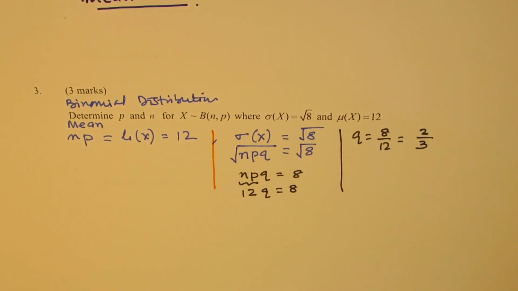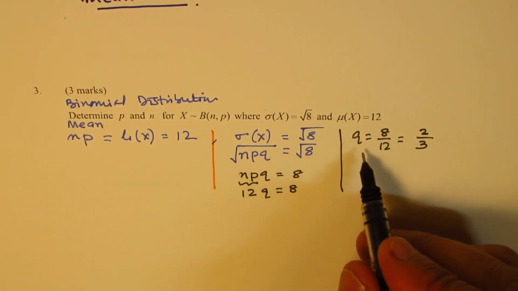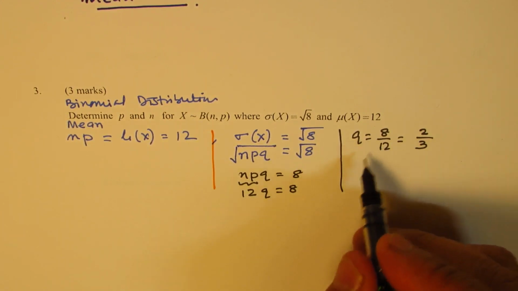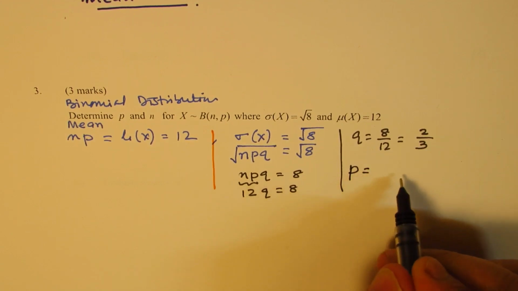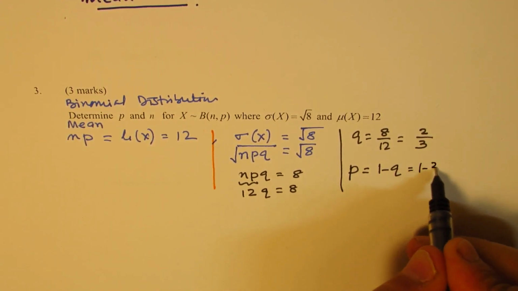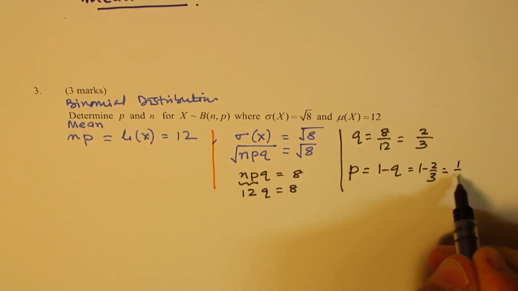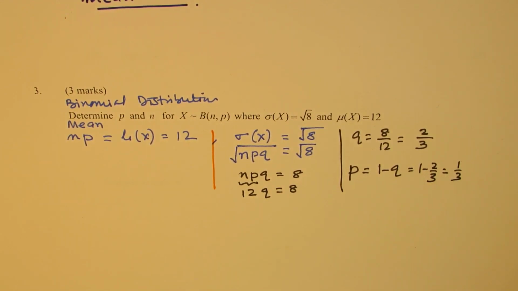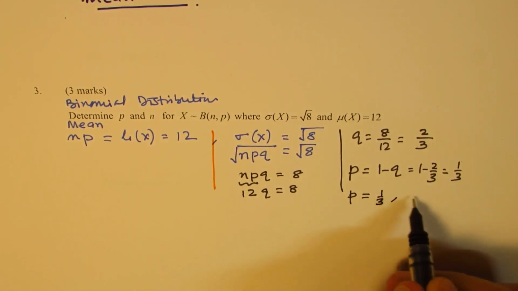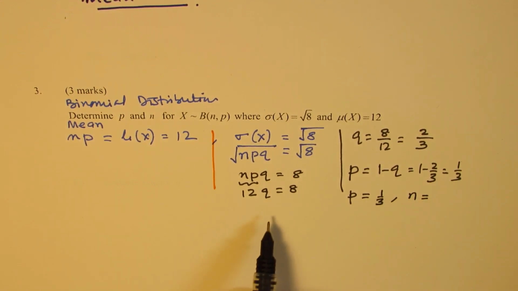So that's the value of Q, the probability of failure. For success, the probability P will be 1 minus Q, which is 1 minus 2 over 3, which is 1 over 3, correct?